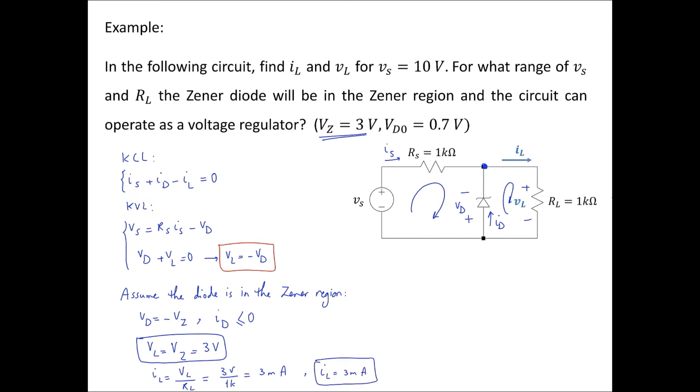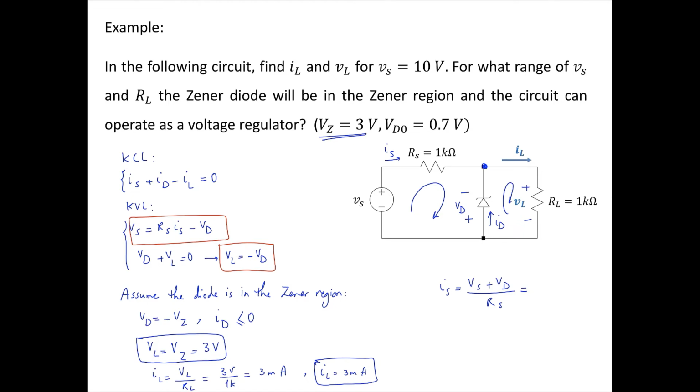Now, using the KVL that I found for the main loop, I can find IS as well. For that, I have IS equals VS plus VD divided by RS. I know the value of VS, I know the value of VD, and I also know the value of RS.